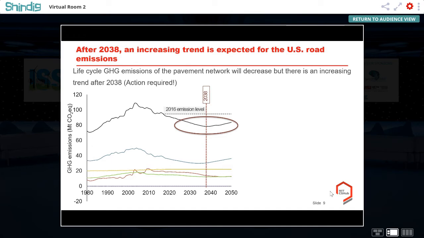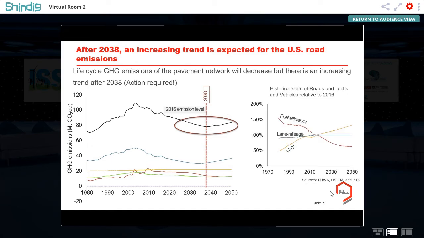And when we look at the calculations and the mechanisms behind that, we will observe that the fuel efficiency of the vehicles predicted in the future is going to stay in a steady state after 2038, while the yellow curve on the right chart will have an increase for vehicle miles traveled, VMT.